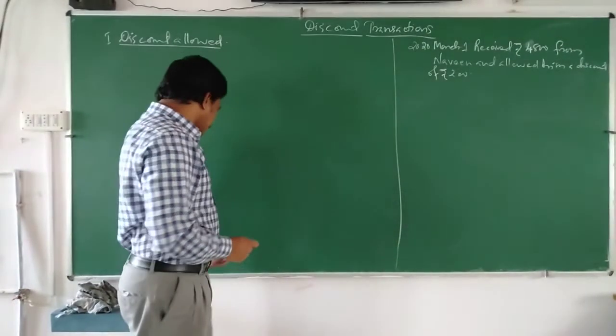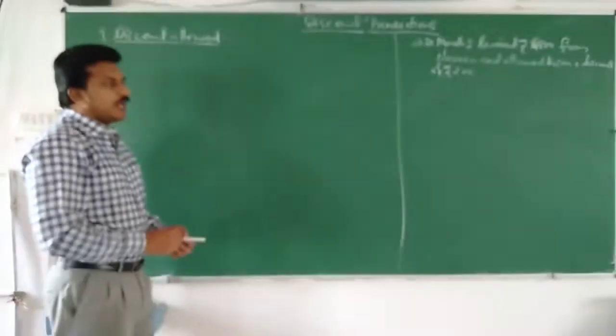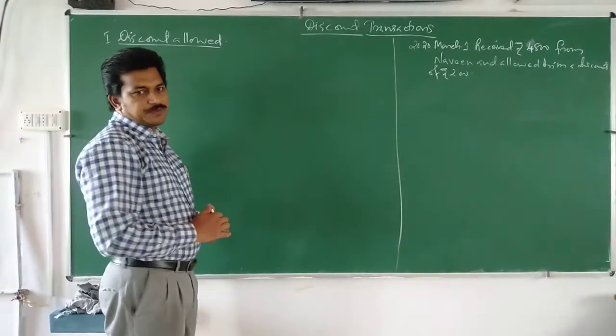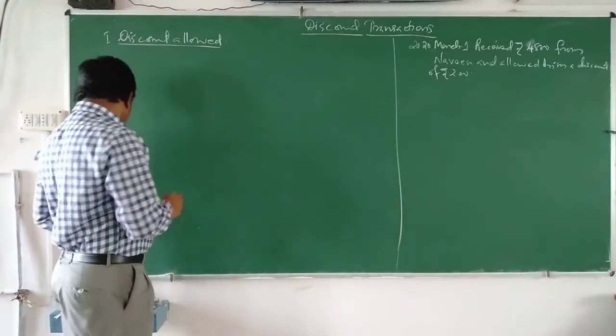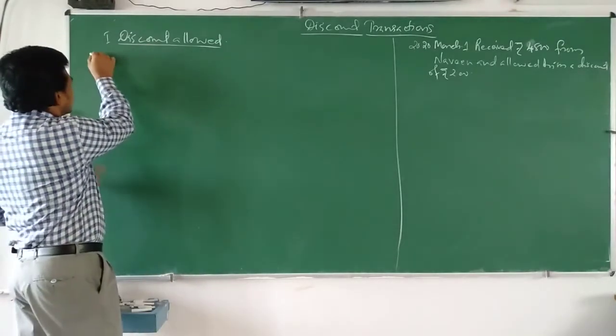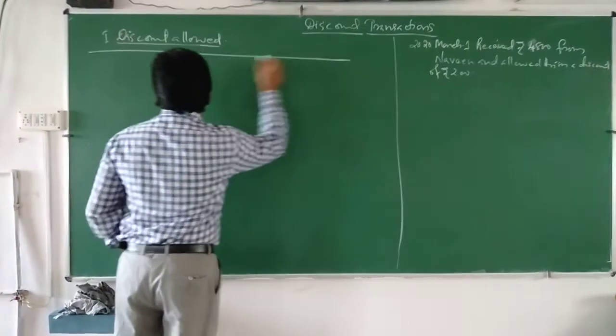We received 4,800 from Naveen and allowed him a discount. Okay. In that case, what can be the journal entry? That's what we are going to discuss here.